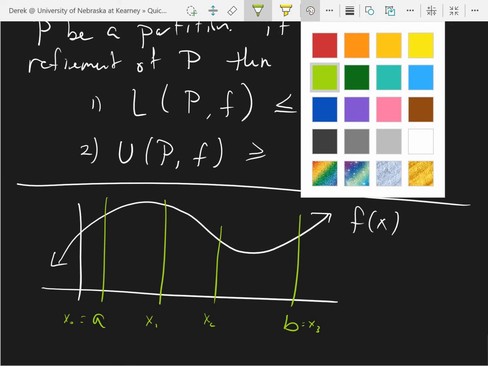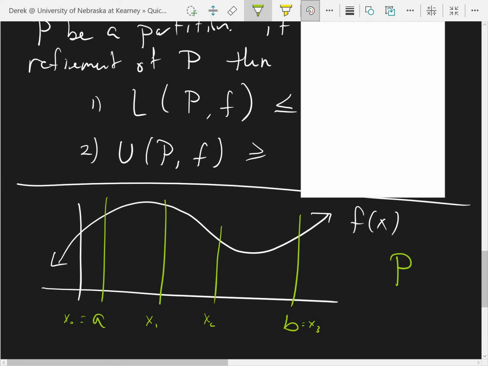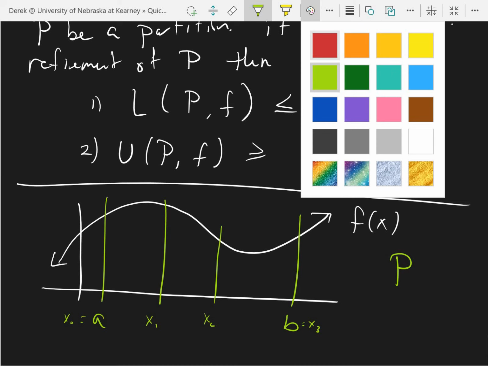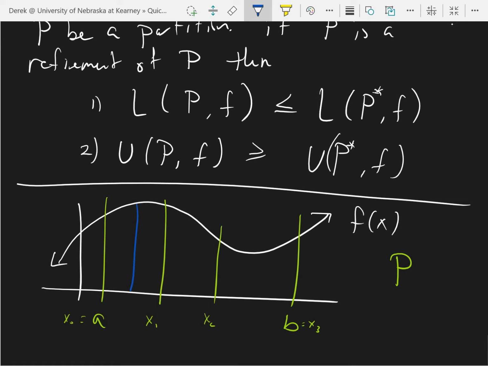If the green is just P, and I've got a refinement, we'll throw in another point here, and maybe a point here, and this is going to be a refinement. So x0 is still a. Now this is x1, this is x2, this is x3, x4, and this is x5. So I've got 2 more points.